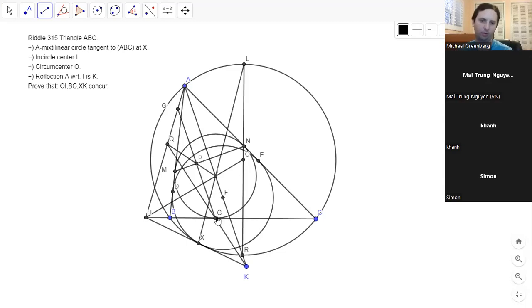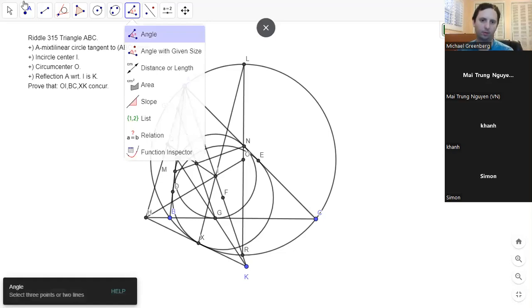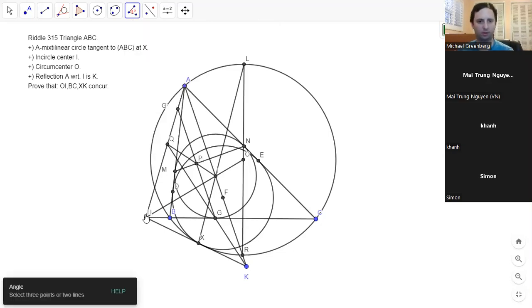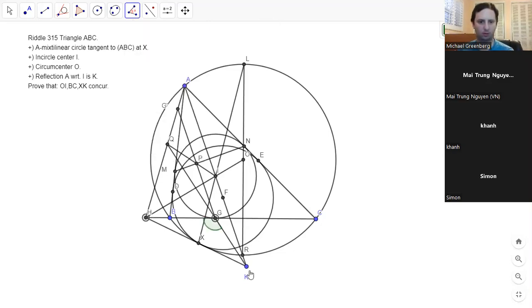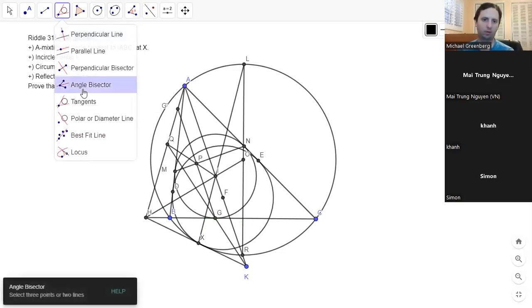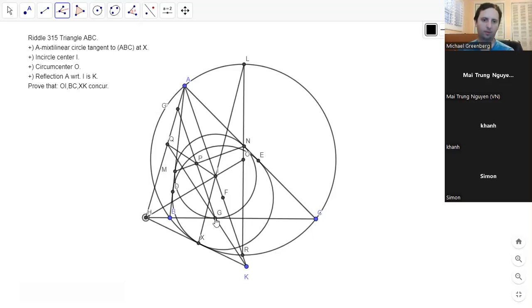So we need to show, check. Sorry. So what does that mean in terms of angle?